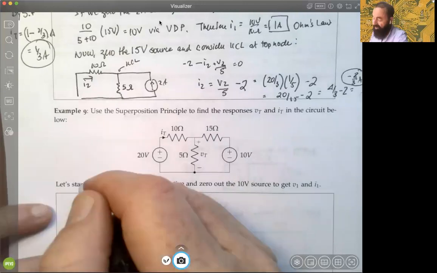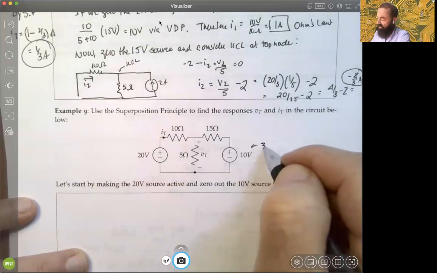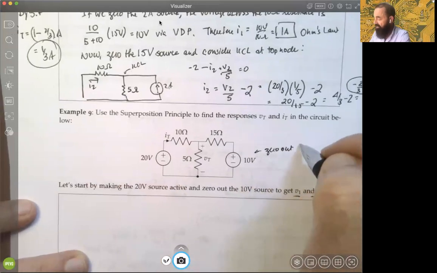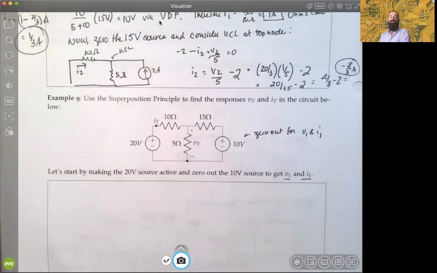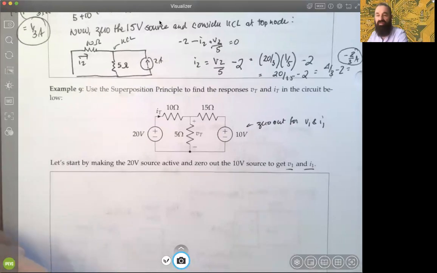So let's do that, okay? Again, we're getting our first response, I1 and V1, from zeroing this one out. Zero out for V1 and I1. This is why it's important to keep your indexing straight.